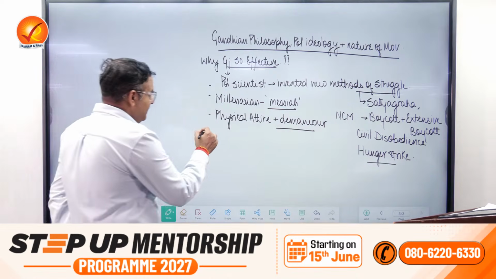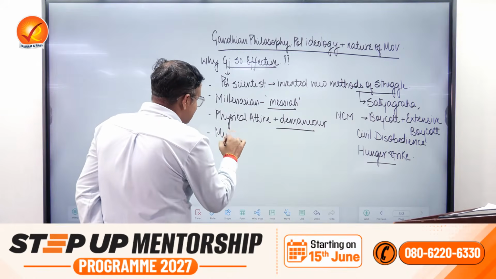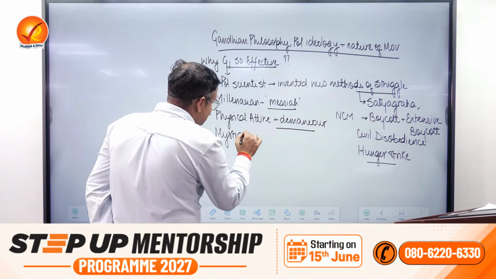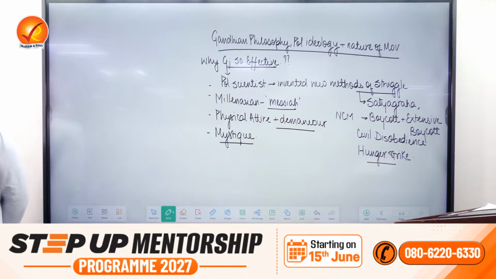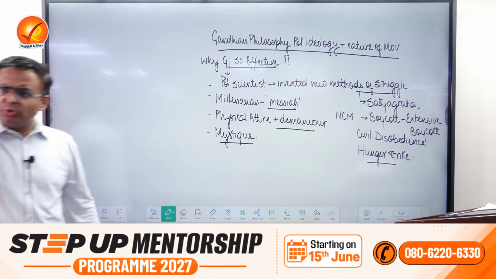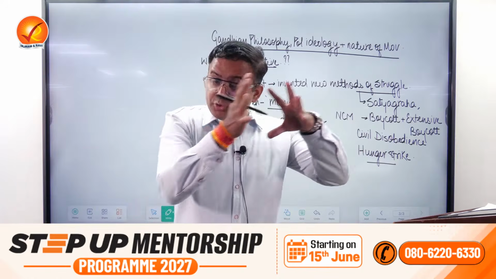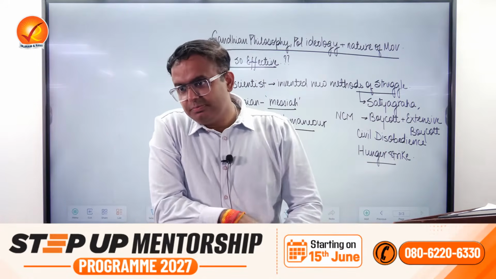Then Gandhi was a mystique, a Behrupiya. Even his close followers would not guess his next move. You see, this has happened many times. When NCM was at its peak, because of his own arguments, he called it off.